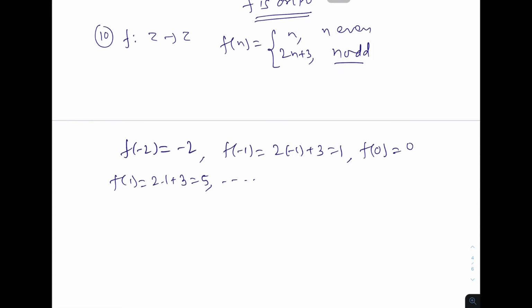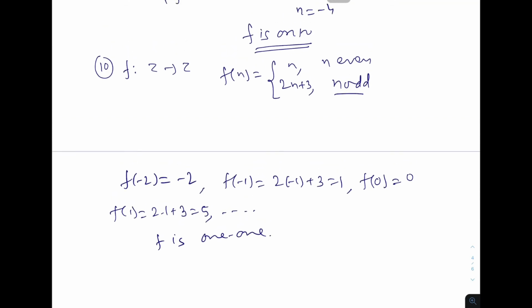Here we can see that different elements have different images, and it's easy to see that f is one-one. Another way: when n is even, this part is even, and when n is odd, this part, 2n plus 3, is odd.